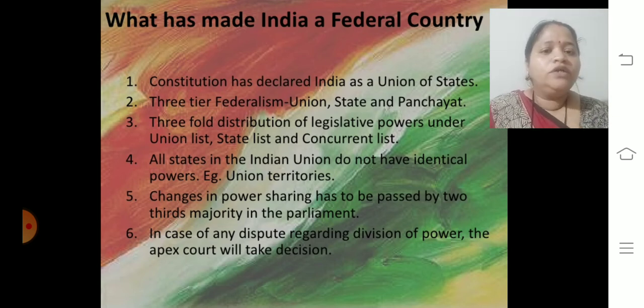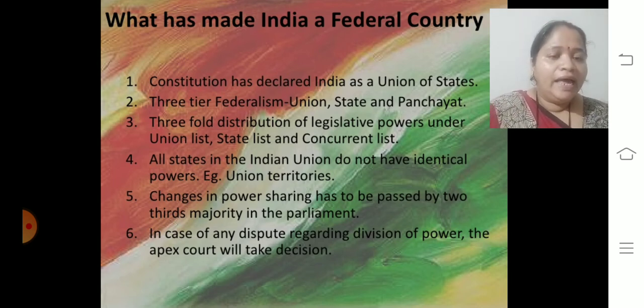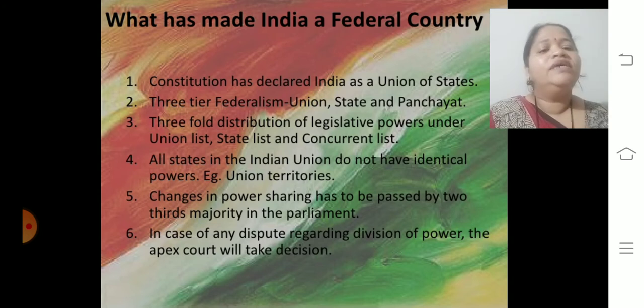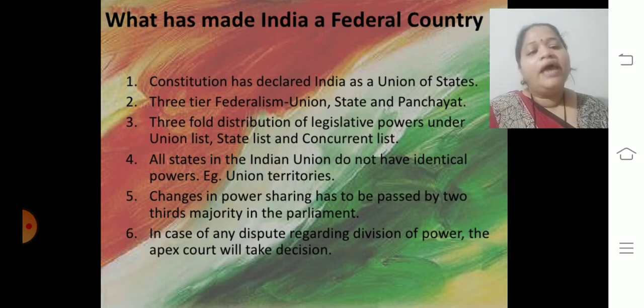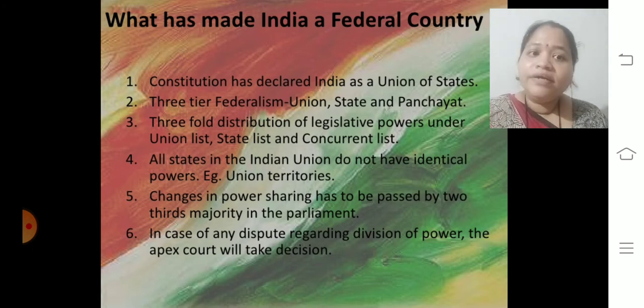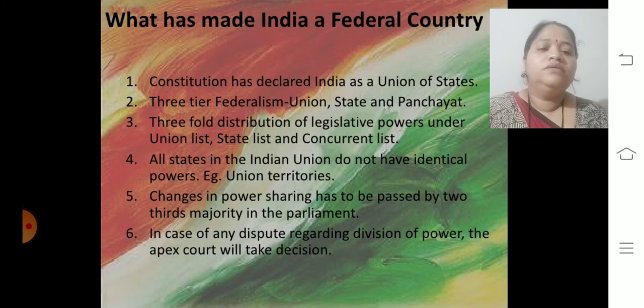Next, changes in power sharing have to be passed. If we make any changes in the power of any state, it must be discussed in Parliament. As we are under a democratic form of government, the majority wins. Whenever a bill or a decision about any state is passed, it must go with the majority.